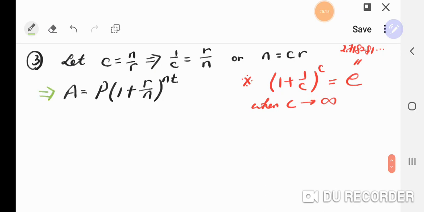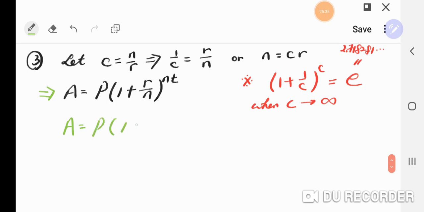So let's find out how we got it. This is the second formula, which is compounded n times per year. From this formula, we will derive a formula for continuously compounded.